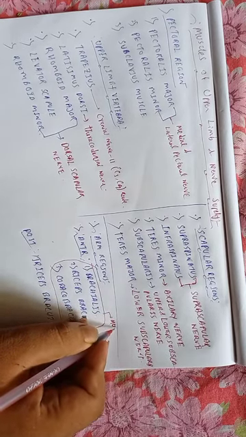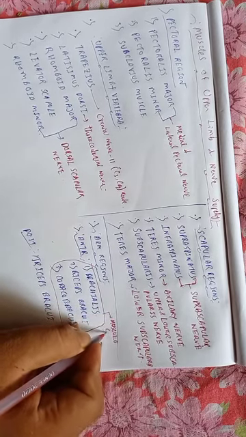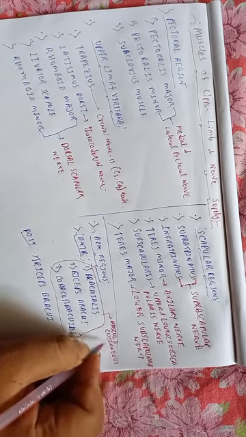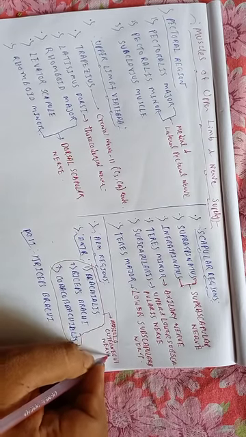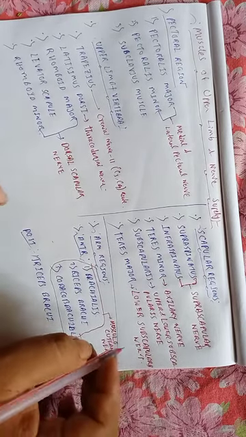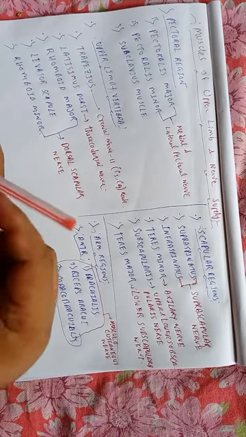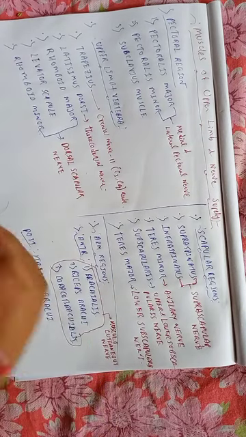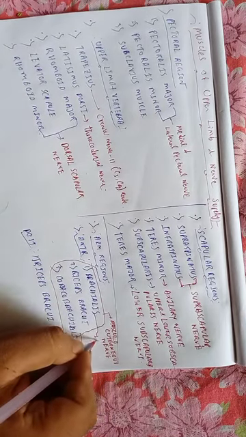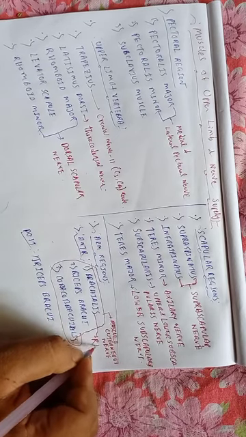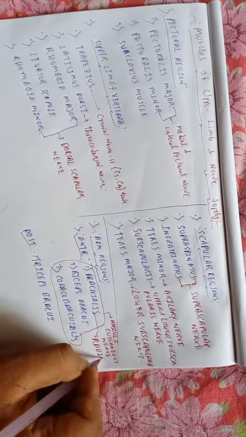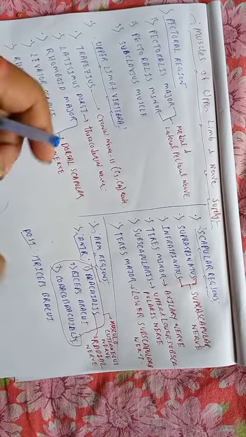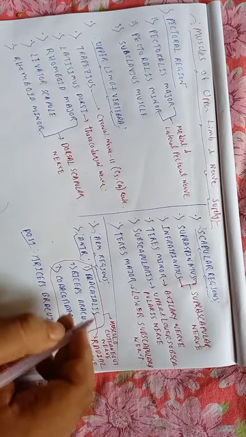But there is one more thing you have to remember: the brachialis muscle will also be supplied by the radial nerve, only for proprioception.